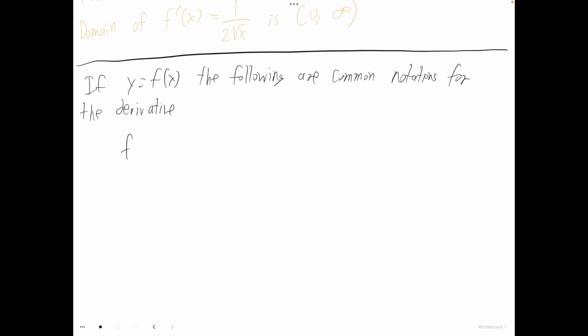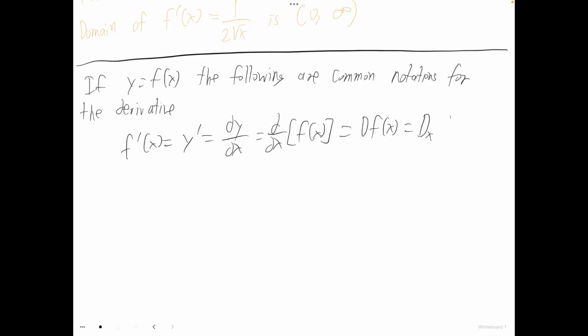We have the one we've been using, which is f prime of x. You can also write it as y prime. We can write dy over dx. We can write d over dx of f of x. We can also write df of x and capital D sub x of f of x.